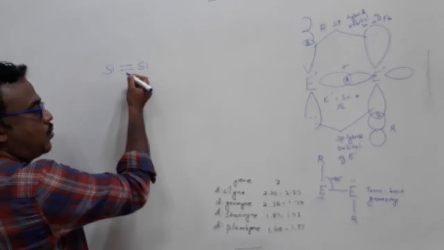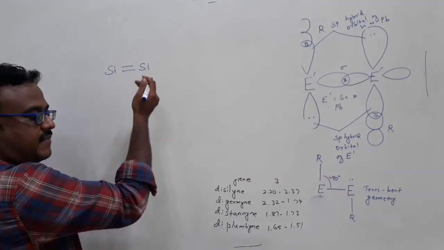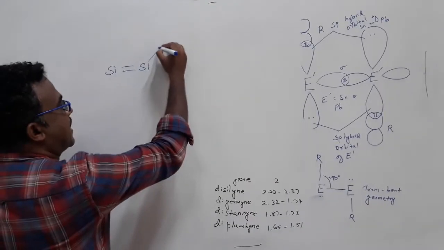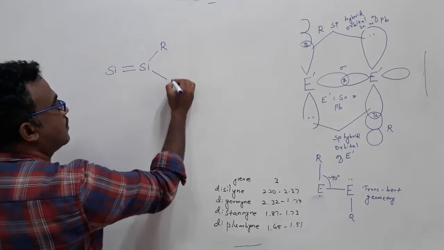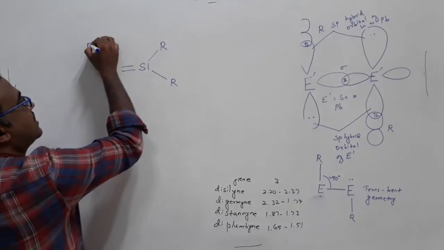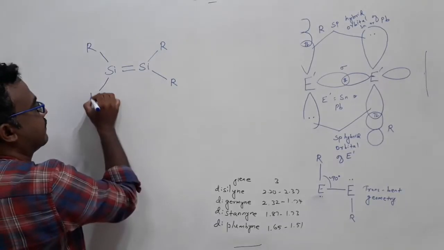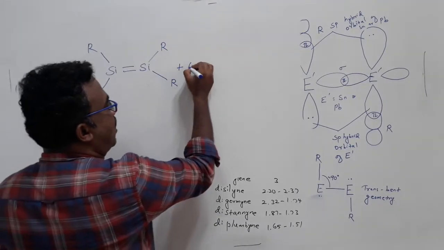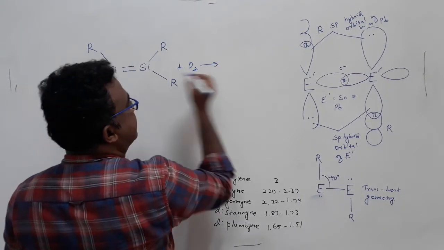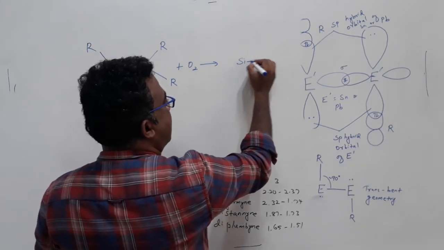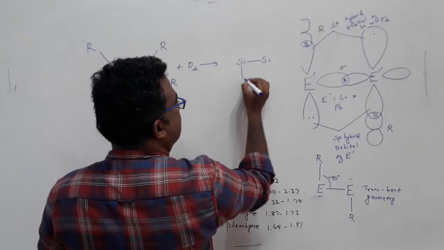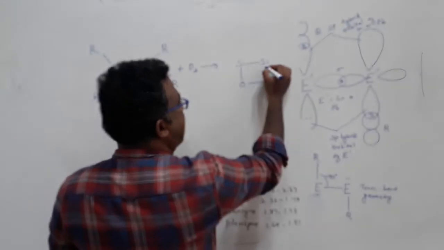The bond order will be between 1 and 2. That also will depend upon the R group. This type of molecule is highly sensitive. If you expose this compound to oxygen, a simple addition reaction can happen to form a peroxide type ring. A nice four-membered ring was formed.